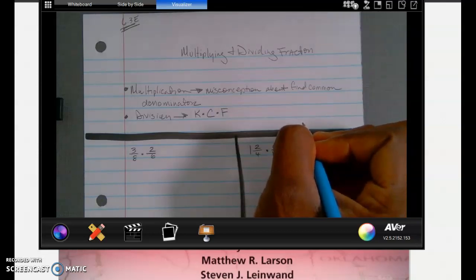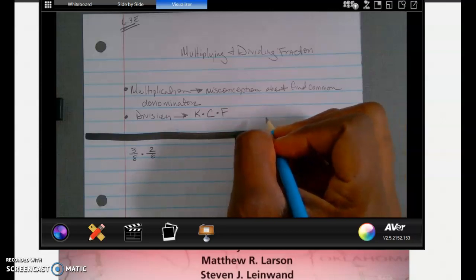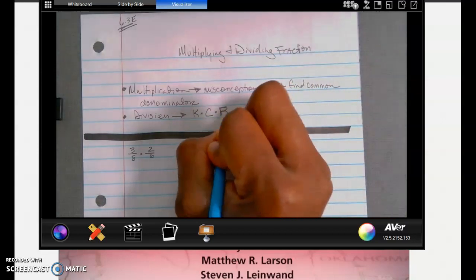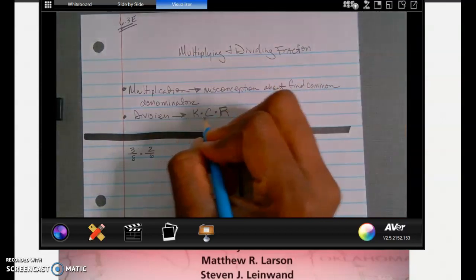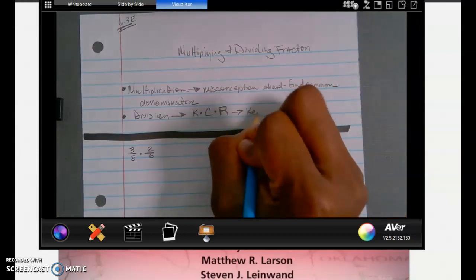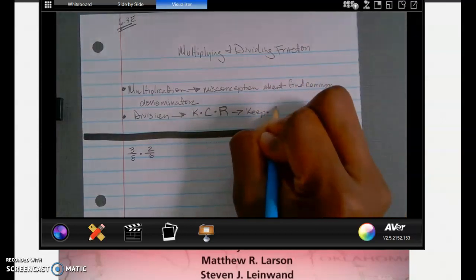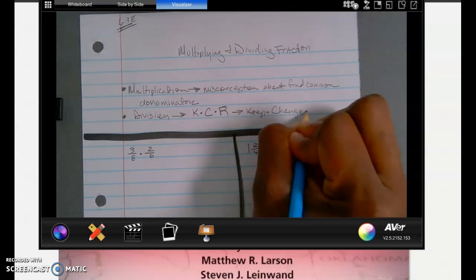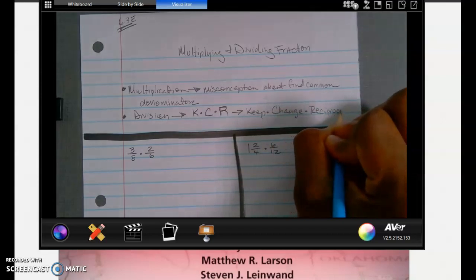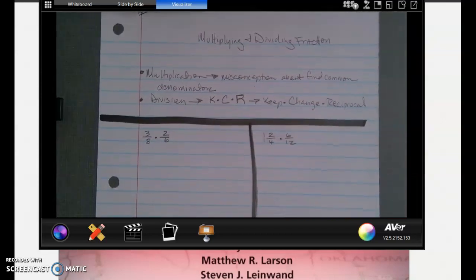I want to use the proper vocabulary, so if they are confronted with the word reciprocal, which is what I want to change this last one to. So we're going to use KCR as opposed to KCF. That would be keep, change, and use the reciprocal or to reciprocate. But I will talk more about that in just a moment.